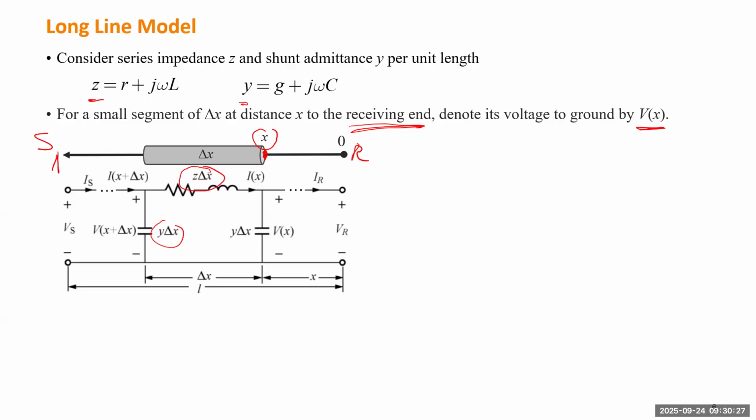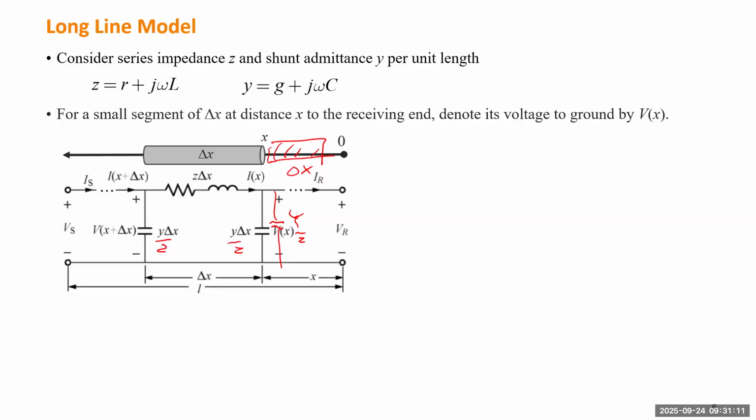Okay, so y is not halved because here we treat this model as the gamma model. Even if we take the pi structure, we just give the right branch to the next segment of delta x. So basically we take a gamma structure just to make it simple. If you want, you can still take the pi model. If we make this one half y and this one half y, this is only for delta x. If you have a next delta x segment directly connected to this segment, you will have another half y.